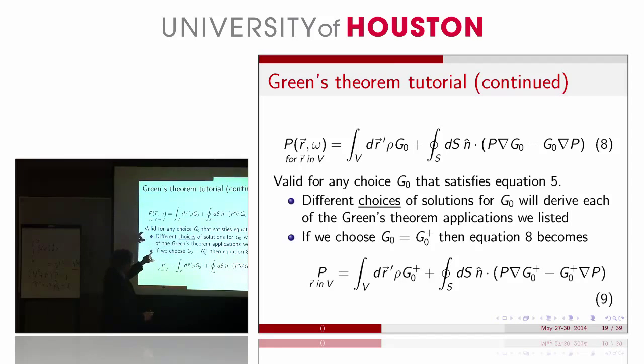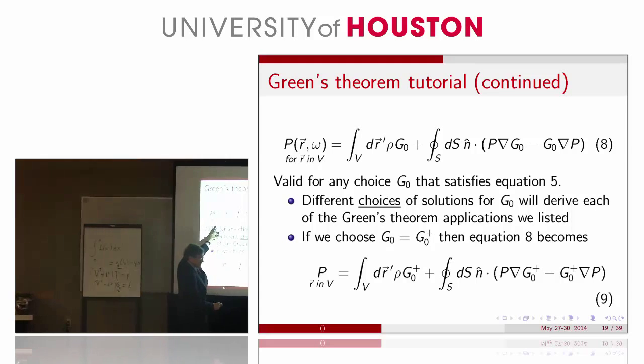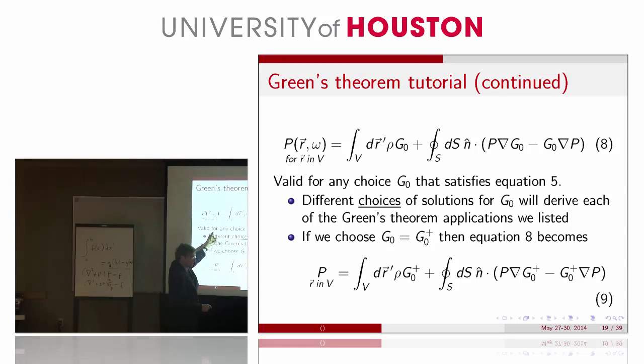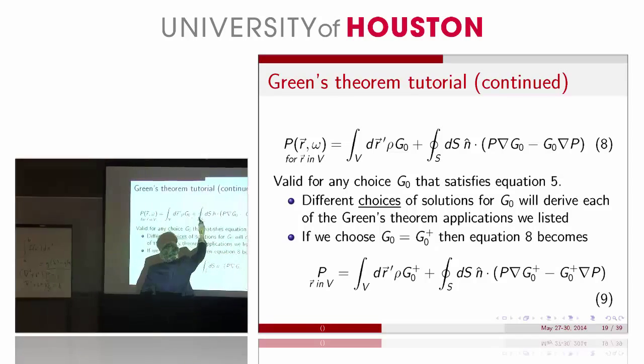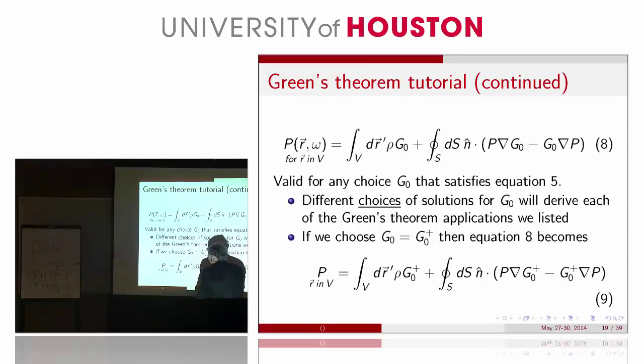Here, to my amazement, even though I've done it 1,000 times and 50 million examples, and our migration methods depend on what I'm about to say, any G0 that satisfies del square plus k squared G0 is delta in the volume, any, will make this be the causal solution in the volume. In other words, this can be causal, this can be anti-causal, as long as there is a surface term.